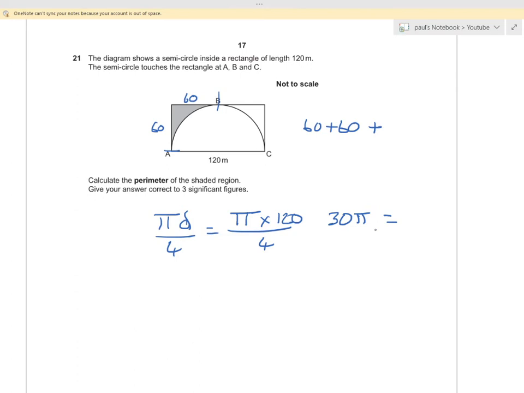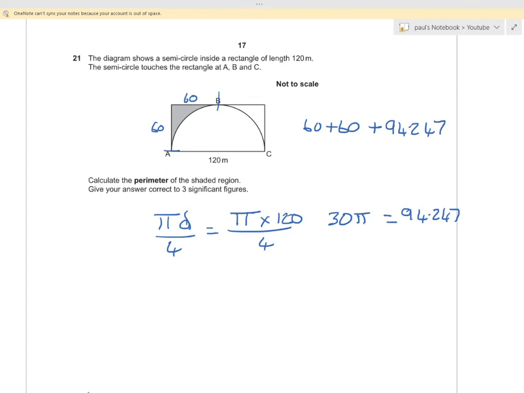Pi times the diameter, 120 over 4, which is 30 pi, which equals 94.247. So if I add that 94.247 to 120, we should get our answer there.